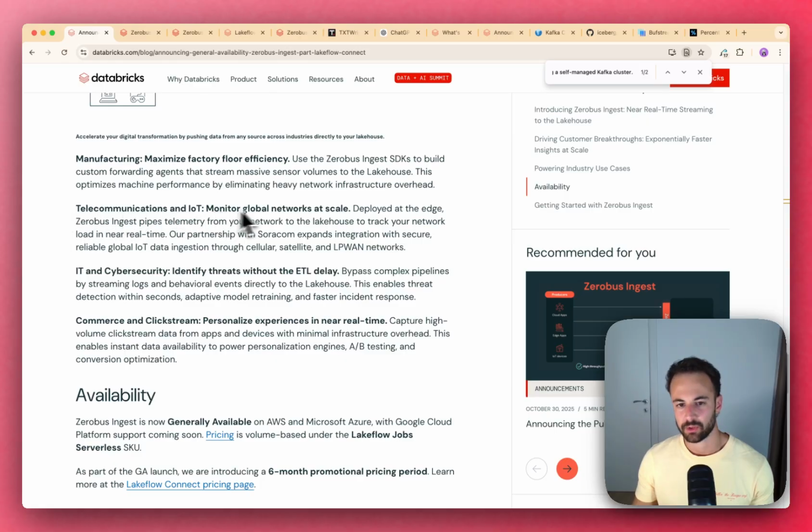Telecommunications and IoT. Monitor global networks at scale. Deployed at the edge, Zerobus Ingest pipes telemetry from your network to the lakehouse to track your network load in near real time. I assume the clients are deployed at the edge, and then they pipe the telemetry to Zerobus. Our partnership with Soracom expands integration with secure, reliable global IoT data ingestion.